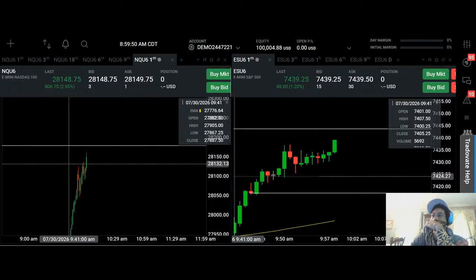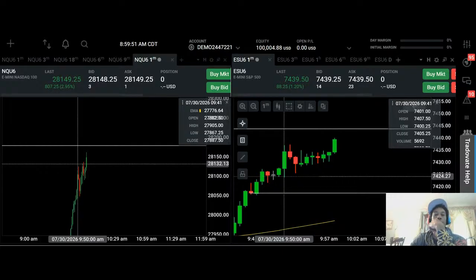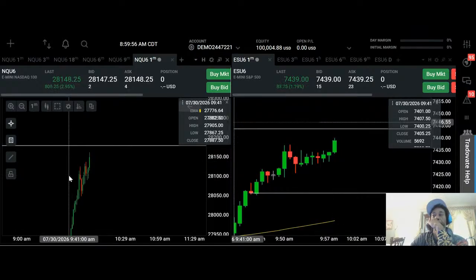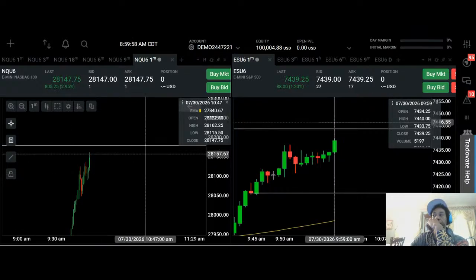I'm at break even on this trade because I don't want to see it come back. As of right now, I would like to see a change in state before I do anything.